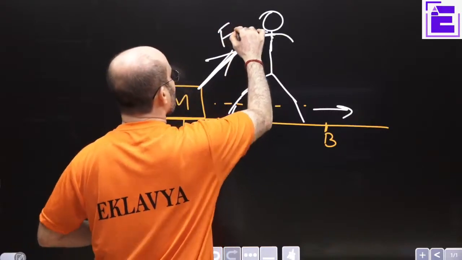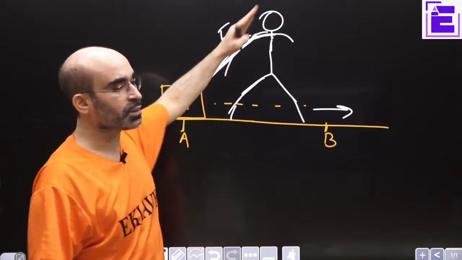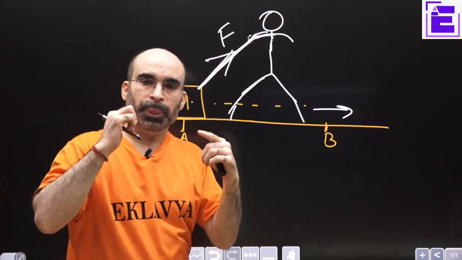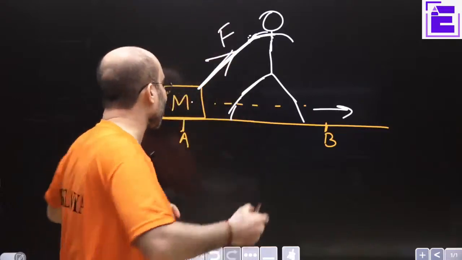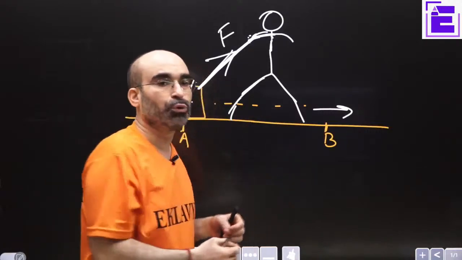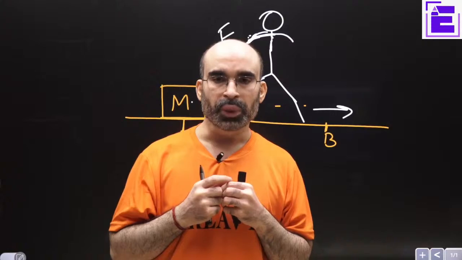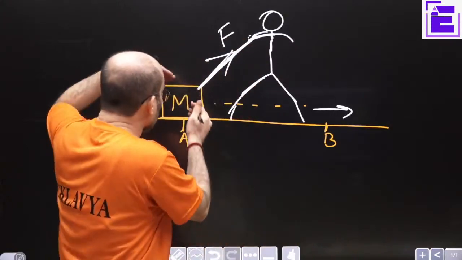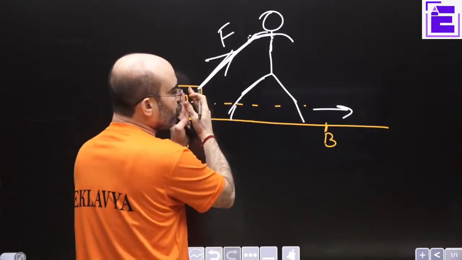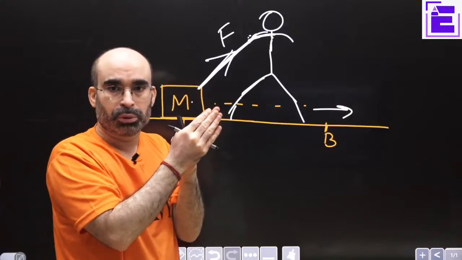Because if he is applying force in this direction, this block is more likely to get pulled up rather than being moved here. But in actual practice, what happens? This block may be moved in this particular direction horizontally and a little bit vertically also.